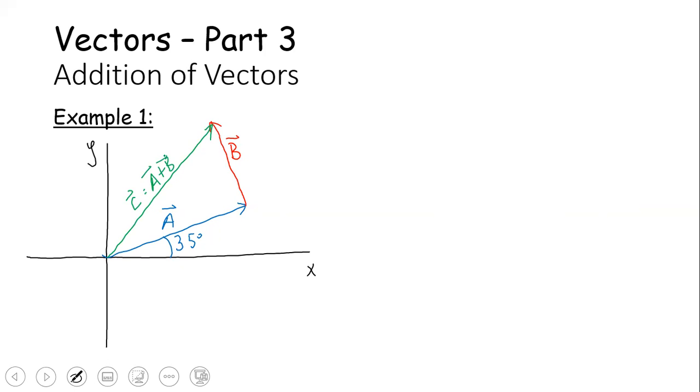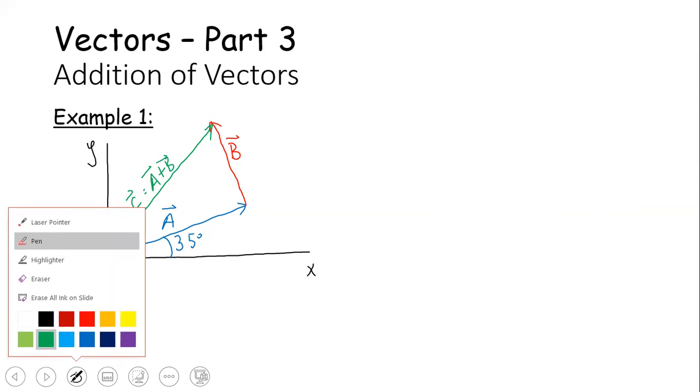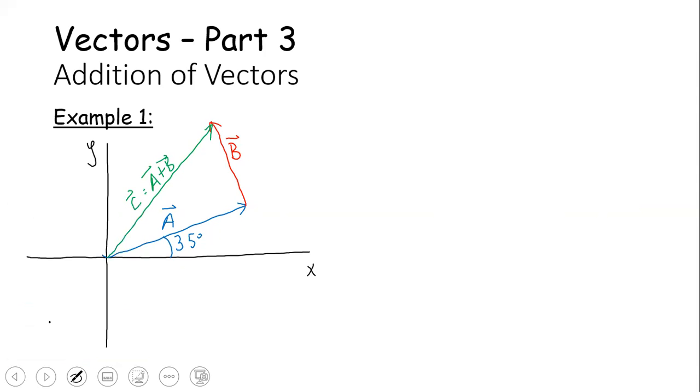We now want to find the magnitude and the angle that this vector makes with the positive x-axis. So we proceed as usual. We find the components of the two vectors. Ax is given as usual by the magnitude of A times the cosine of the angle that A makes with the positive x-axis, which is 35 degrees. This would be a good moment for you to stop the video, attempt this example yourself, and then look at the solution.